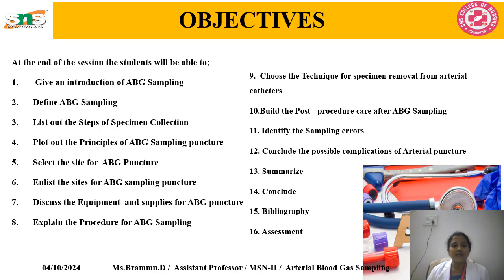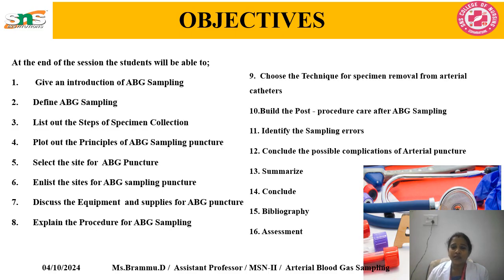So we will be skimming and scanning through these sessions. At the end of the session you will be able to analyze how to take a blood sample, what ABG sampling is, what the steps involved in ABG sampling are, and you'll be able to plot out the possible principles of puncturing site and how we select the site. You'll also be able to plot out the sites of sample puncturing, as well as the equipment and supplies we need for sampling, and the major procedure for ABG sampling.